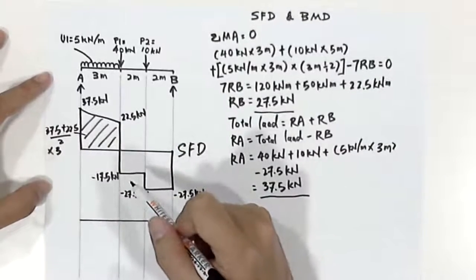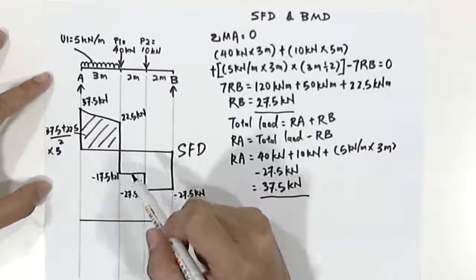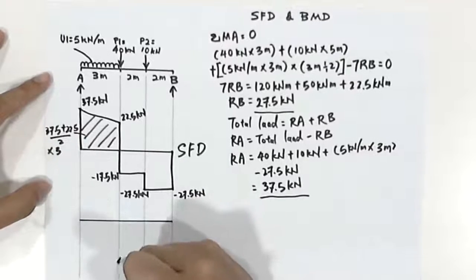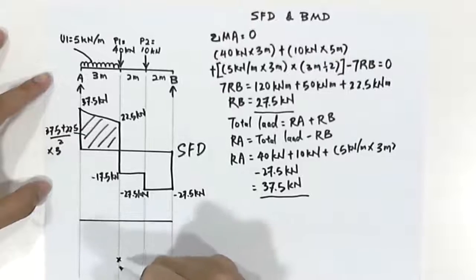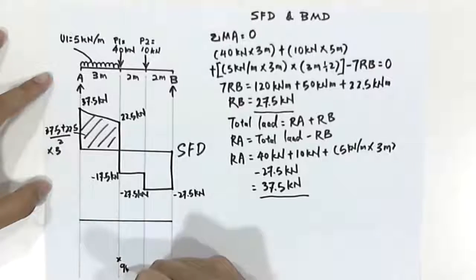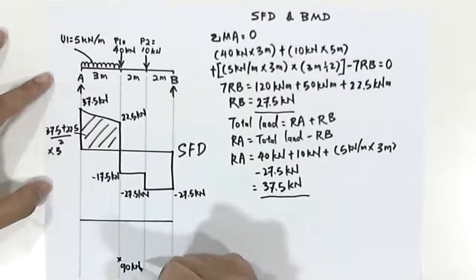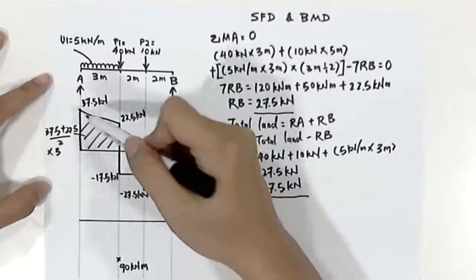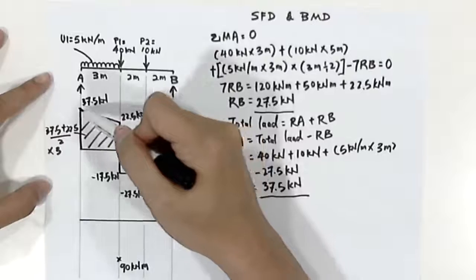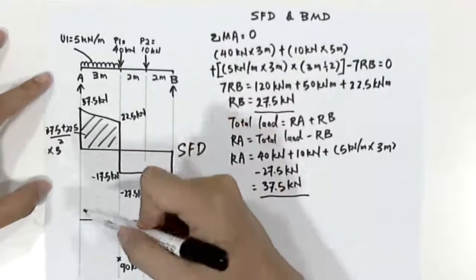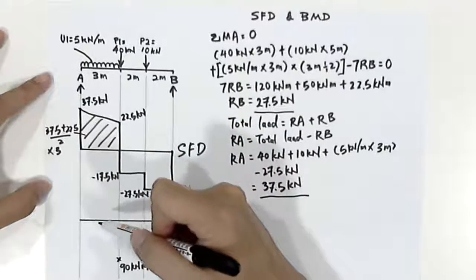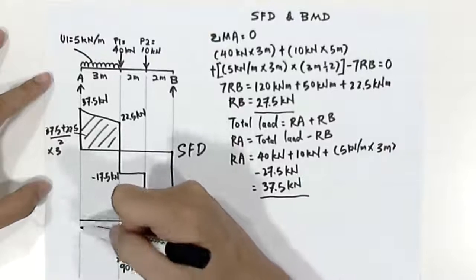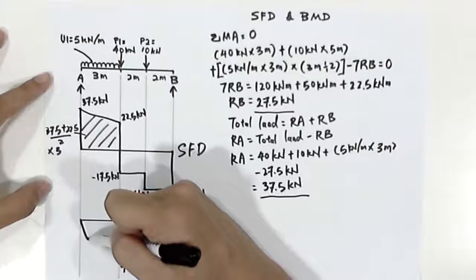The answer will be 90 kilonewton meter. 90 kilonewton meter. And by looking at this diagram, if the line here is a linear line, in the bending moment diagram, we'll draw a curved line.